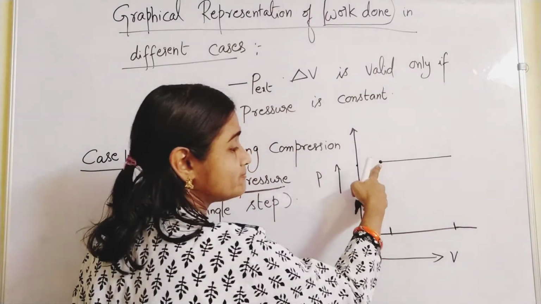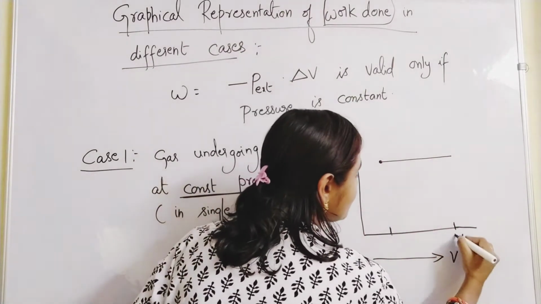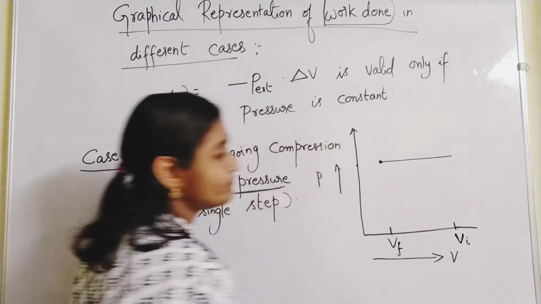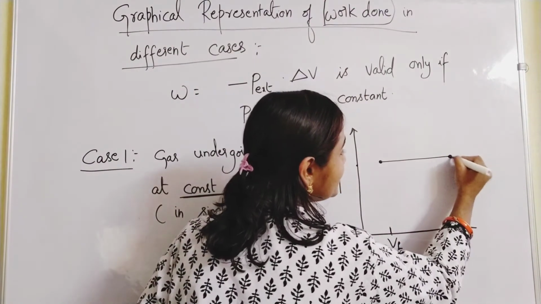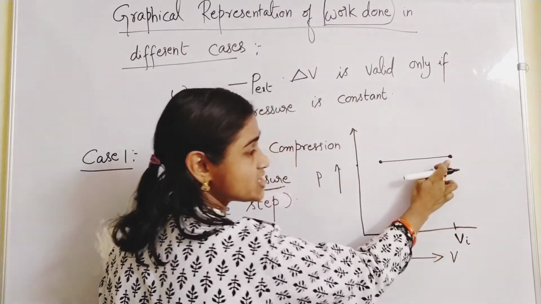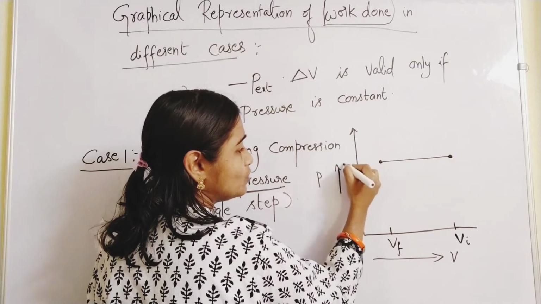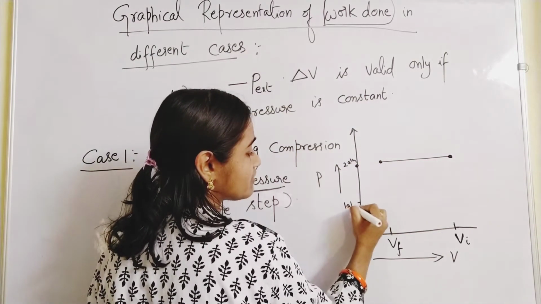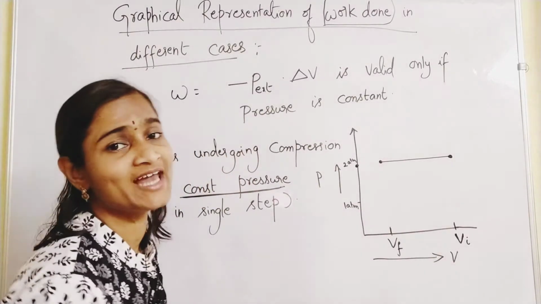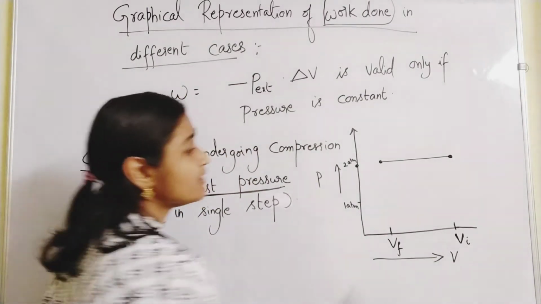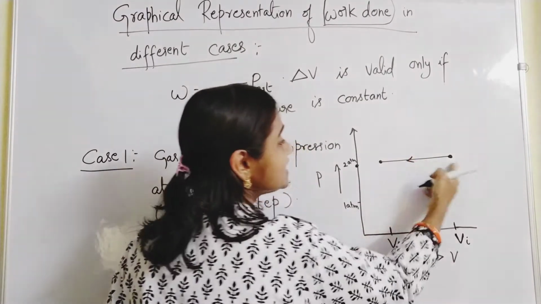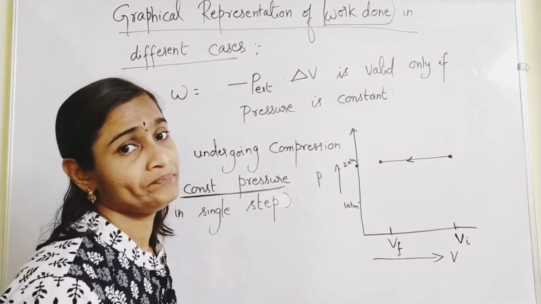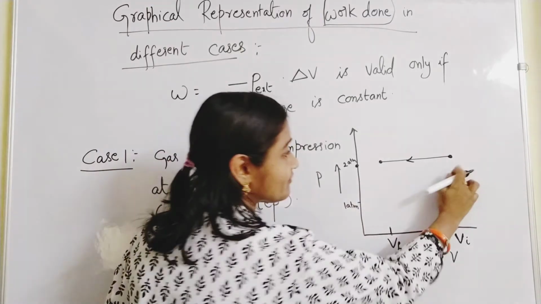So here V initial, V final. At V initial pressure is somewhere around 2 atmospheres, here suppose 1 atmosphere. Something like that values you will take. So here in single step, the gas is undergoing compression. So this is the graph.